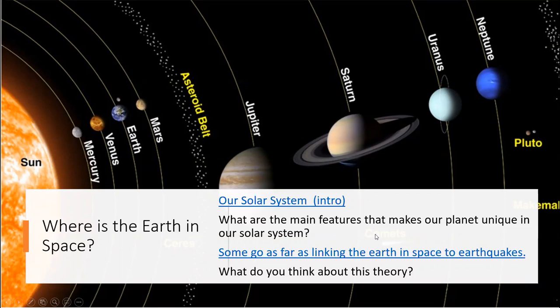What are the main features that make our planet unique in our solar system? What is the unique thing that the Earth has that we have not proved yet exists on any other planet? If life comes to mind, yes, you're right. That's one of them. Water also, though now we have found water on Mercury.